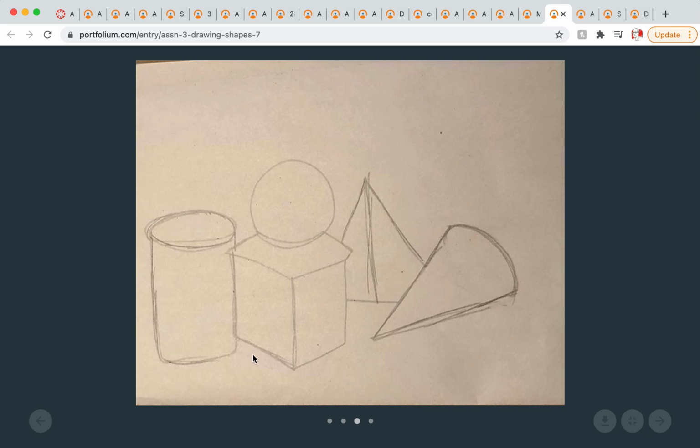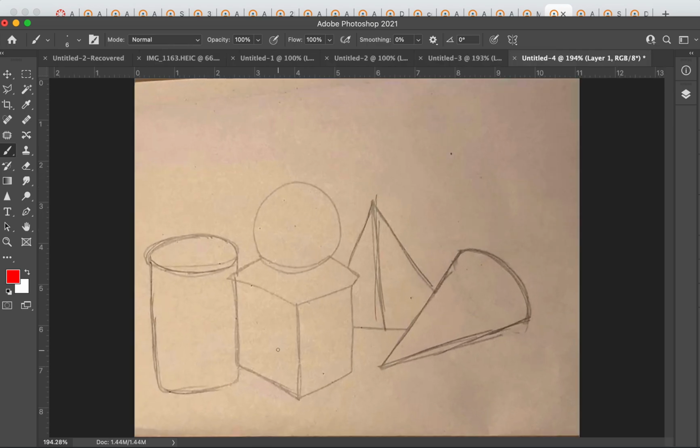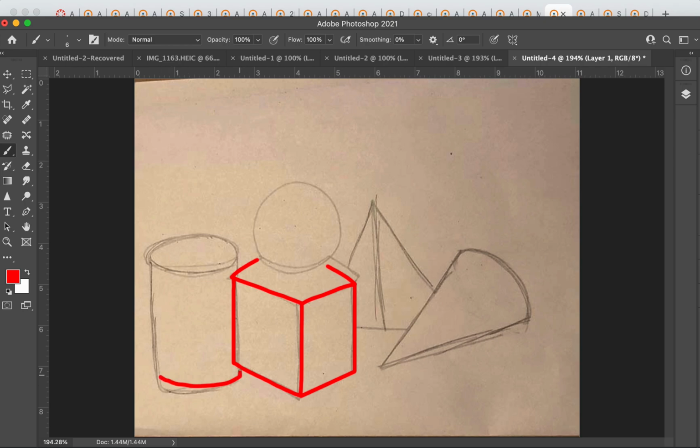If things are more forward here, so if something's in front, it's going to be basically overlapping.